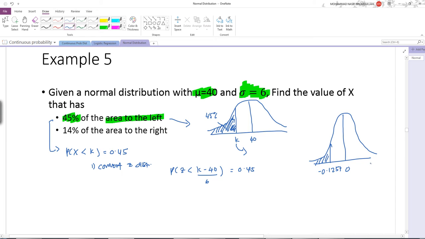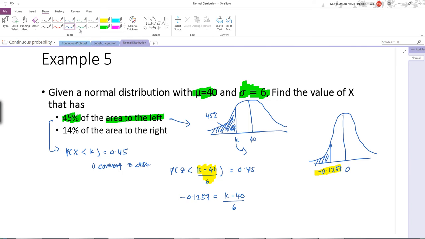Betul lah? Why negative? Because it's on the negative side. So negative 0.1257 is equal to k minus 40 divided by 6. So, we take out yang dalam ni, sebab kita tahu the value of k ni adalah negative.